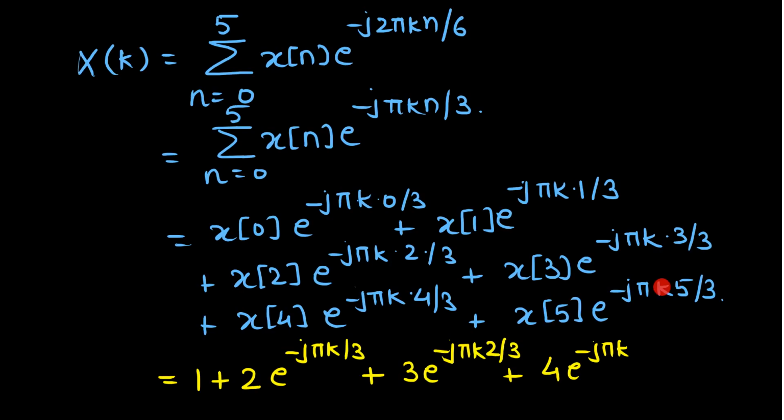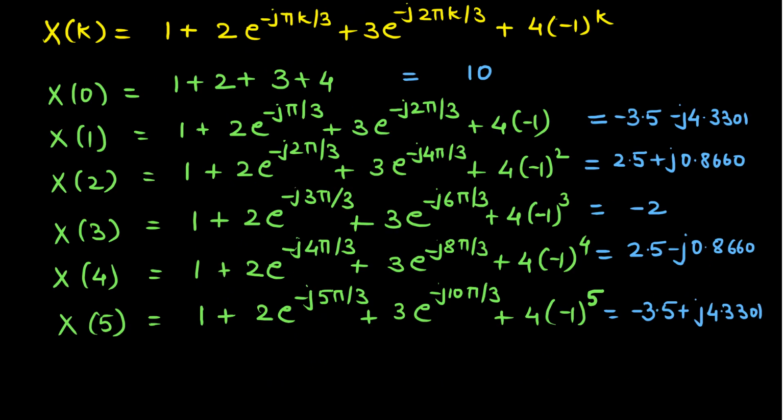So therefore these two terms are 0, and now if we look at this term here, that is 4 e to the power minus j pi k, this complex exponent has a power that is an integer multiple of pi, so this can be written as plus 4 into minus 1 to the power k.